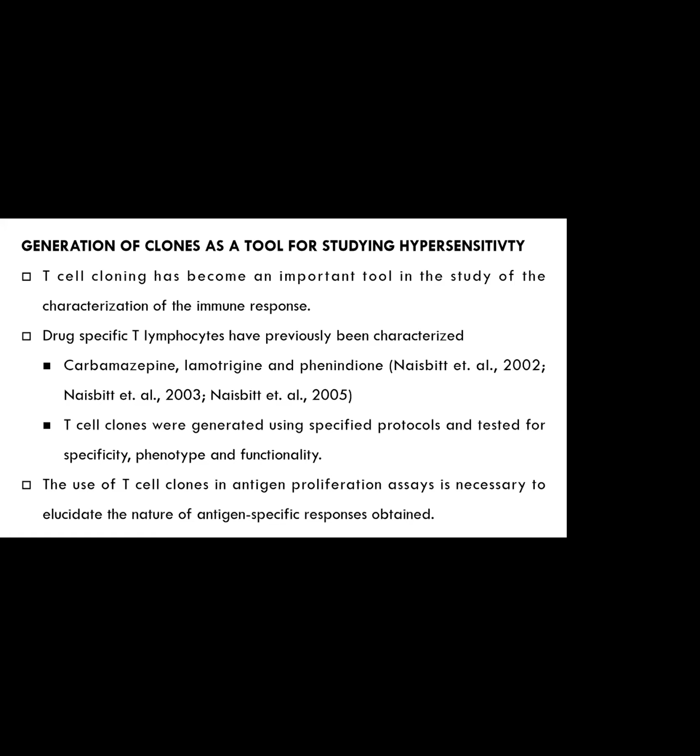Now, these clones were generated and tested for specificity, phenotype, and also for functionality. And once they were tested for all that, they are kept as a pool. They are also tested for their genetic profile, so the HLA molecules that these individuals express are also included in the data obtained from these studies.